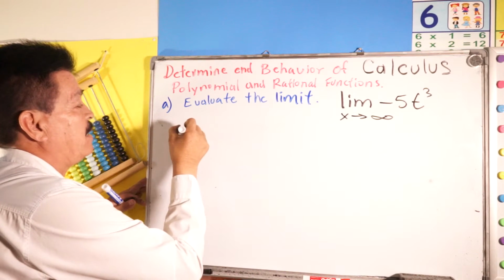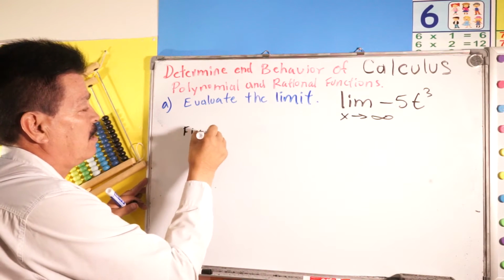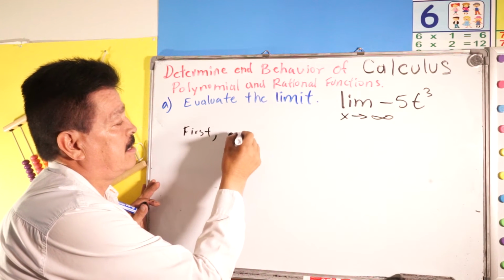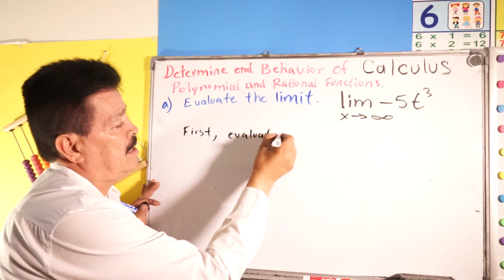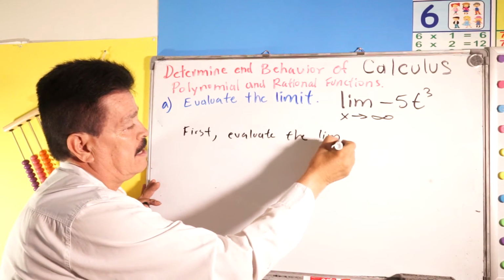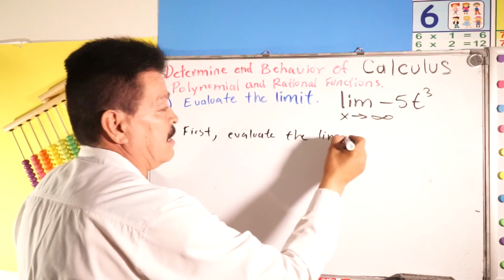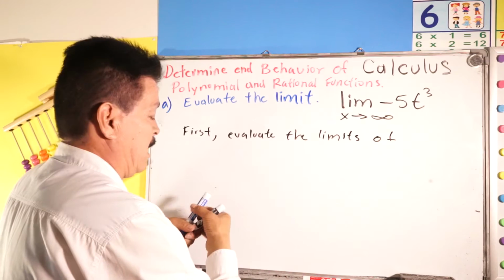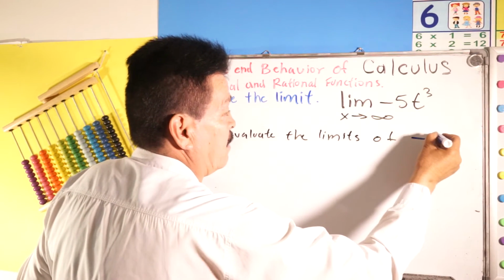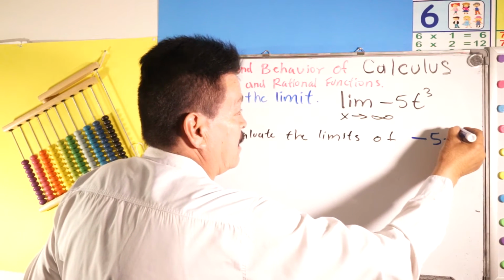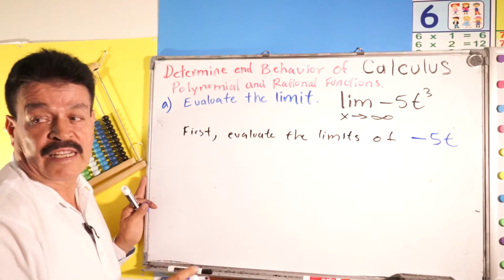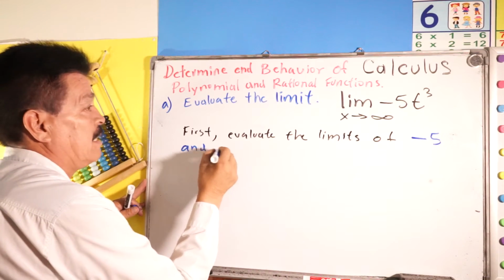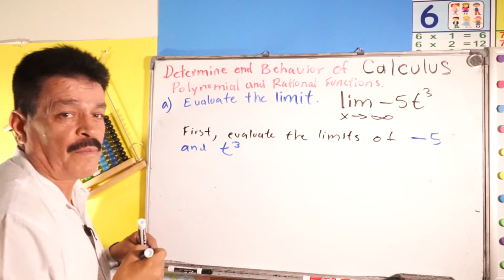First, we have to evaluate the limit of each part individually: negative 5 and x to the third power.